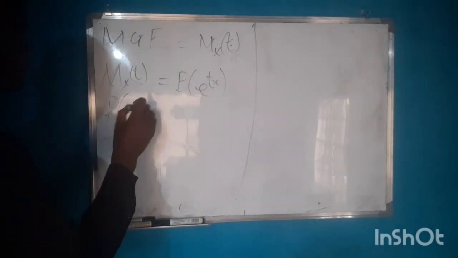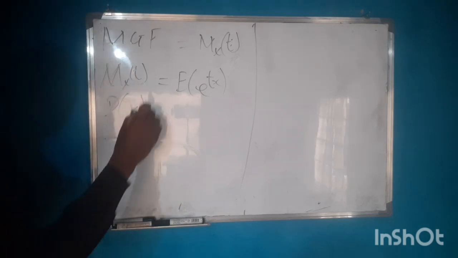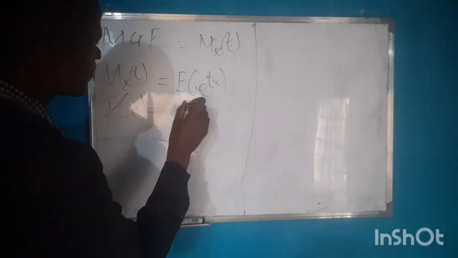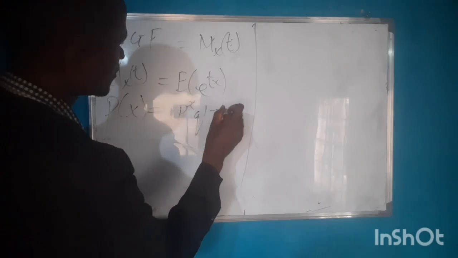So for a Bernoulli distribution, we have the probability mass function to be p raised to power x, q raised to power 1 minus x.